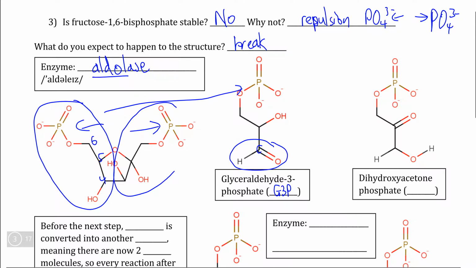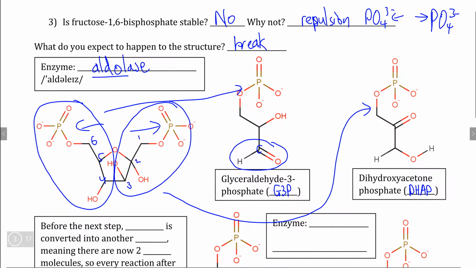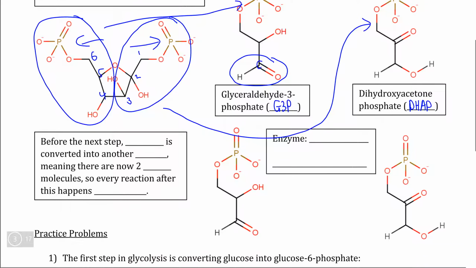While the right half of this molecule, carbons 1, 2, and 3, become our second molecule here, which is what we call dihydroxyacetone phosphate, also abbreviated as DHAP. So as a result of these intramolecular repulsive forces between the phosphates that make fructose 1,6-bisphosphate unstable, the enzyme aldolase can spontaneously tear this molecule in half.